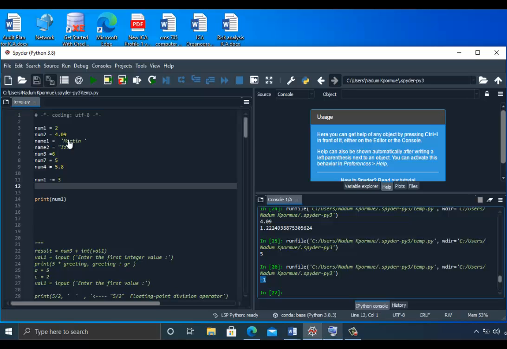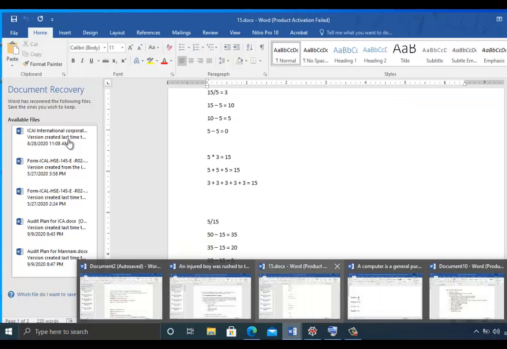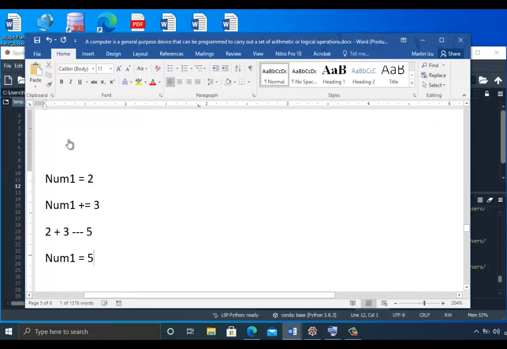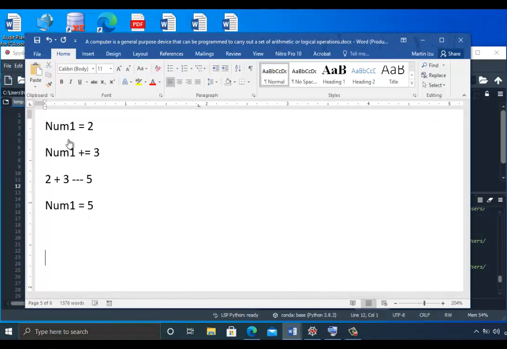-1. So if we go back again to this, what this other statement is saying here is num1, which is holding the value 2, then num1 minus equal 3. This simply means 2 minus 3.